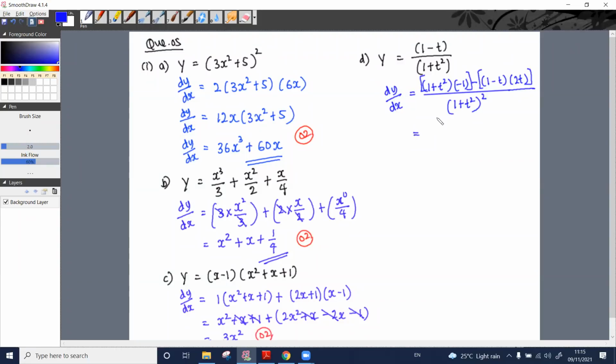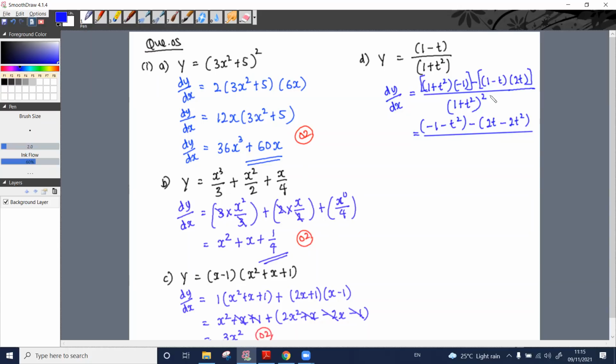So further we can simplify this. Minus 1 into 1, that is minus 1. Minus 1 into t squared, that is minus t squared. Deduct 2t into 1, that is 2t. 2t into minus t, that is minus 2t squared.